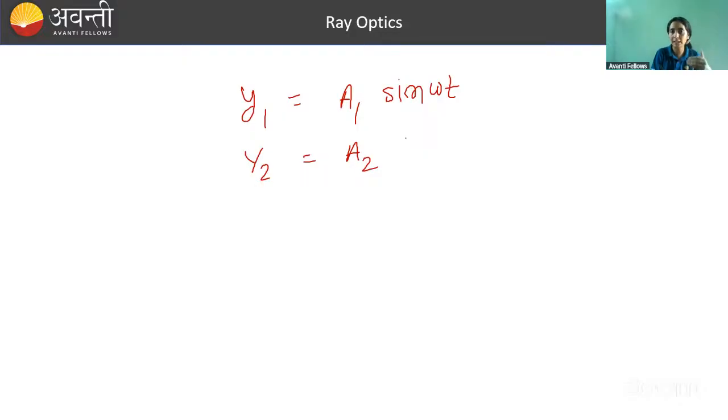But one with sine, another with cos, then you cannot compare their phase. First, you need to convert either sine to cos to make both the waves function of cos, or you need to convert cos to sine so that make both the functions function of sine. Okay. So whenever you compare phase, this sine here also this should be sine omega t plus phi.